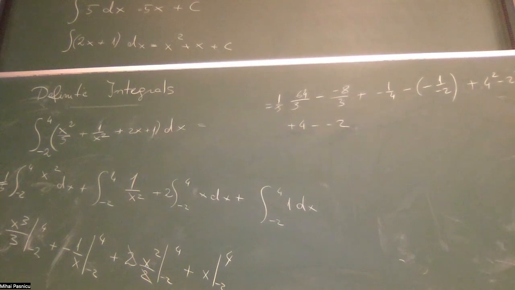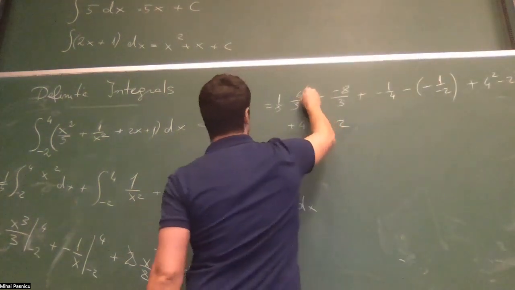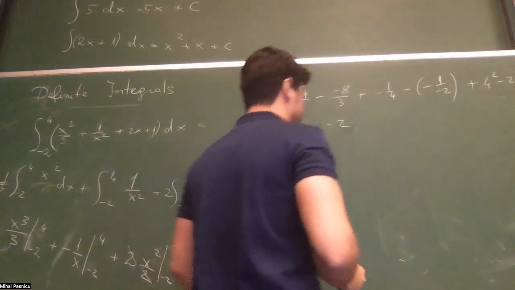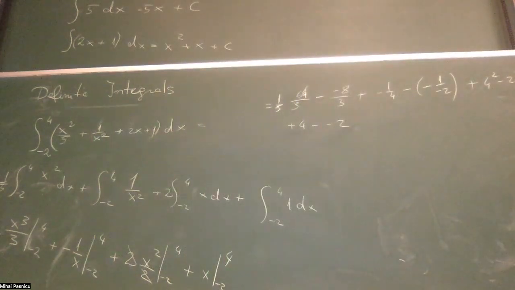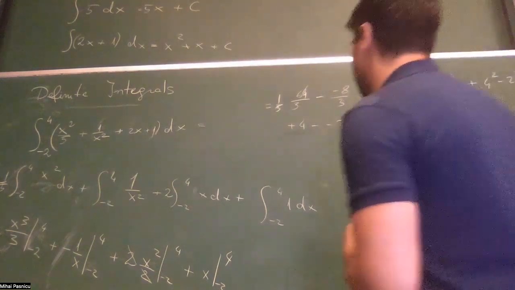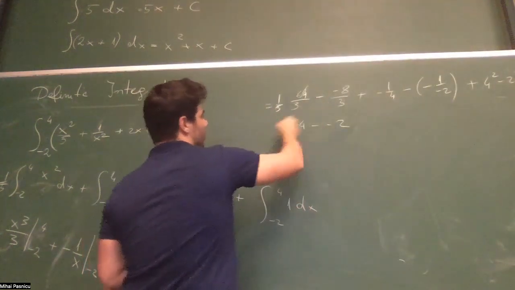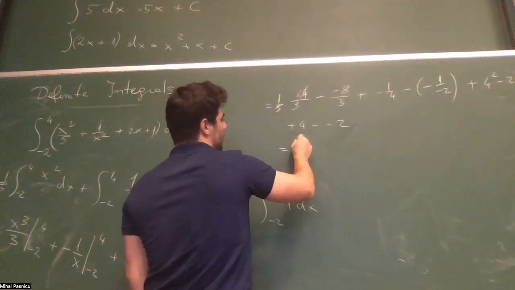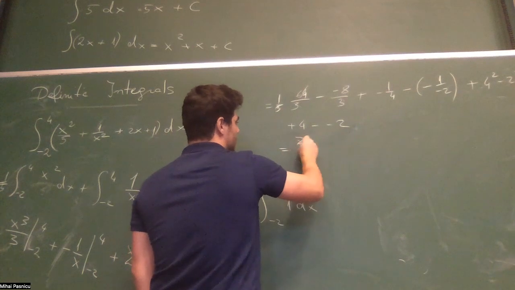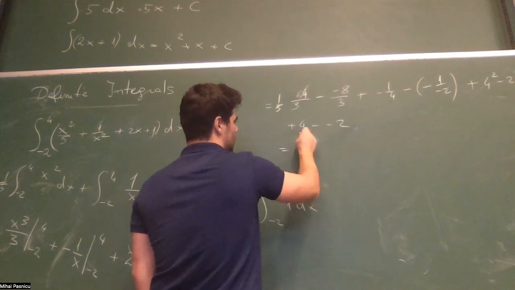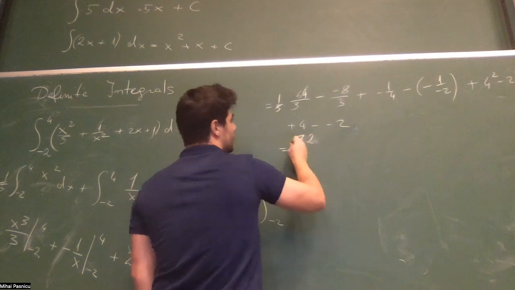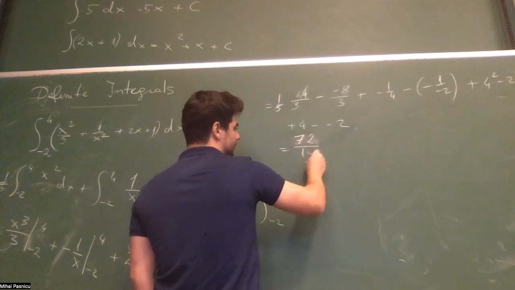Now, if you're really fast on the calculator, you could plug it in to see what this is equal to. I personally was a terrible calculator user, so I would never plug in a calculator here. I would just compute it, and let me show you what answer I would leave it at. I'll compute this part over here, and this gives me 72 over 15.